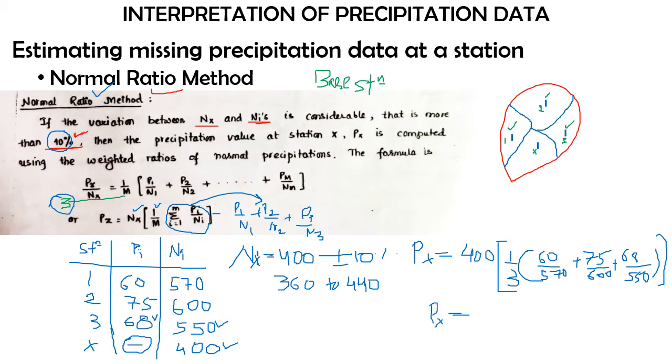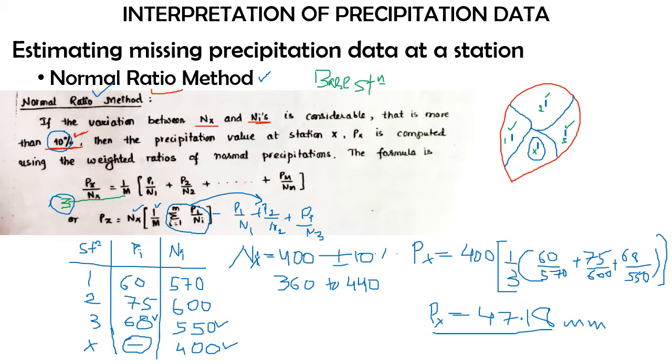The total answer for this is going to be 47.18. Okay, so this is nothing but the value of the missing rainfall at station X for a particular year. This is how we are going to solve the problems on the normal ratio method.